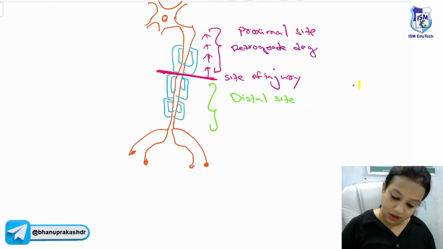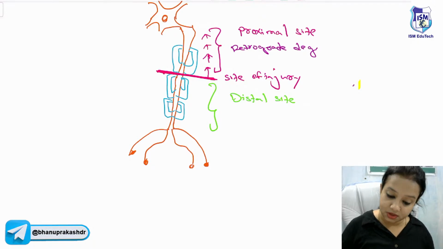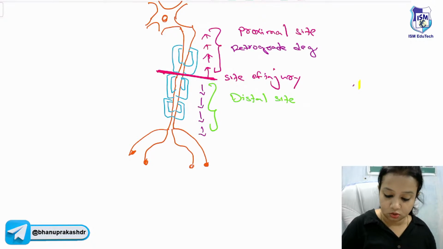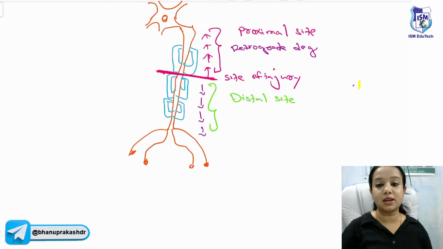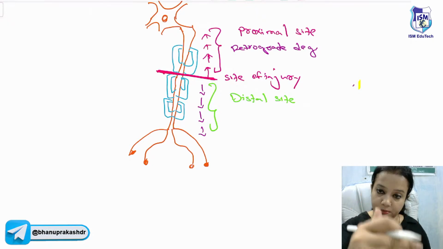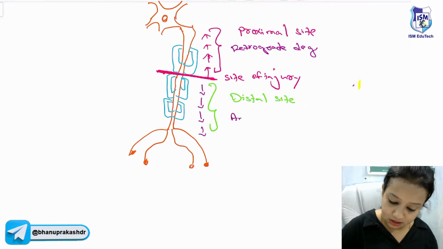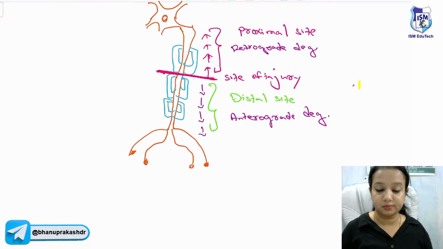Whereas in the distal site, the physical and chemical changes that happen after injury go away from the site of injury towards the axon terminal or synaptic terminal, from upward to downward. We call it anterograde degeneration.